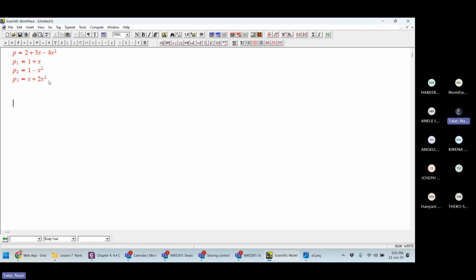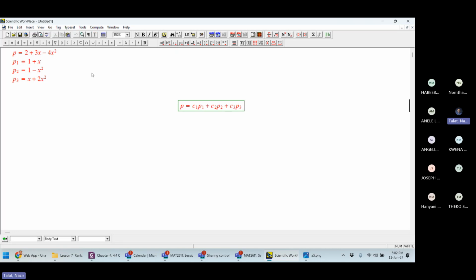So what we need to do is just write P equal to C1 times P1 plus C2 times P2, and then plus C3 times P3, and find the values of C1, C2, C3.